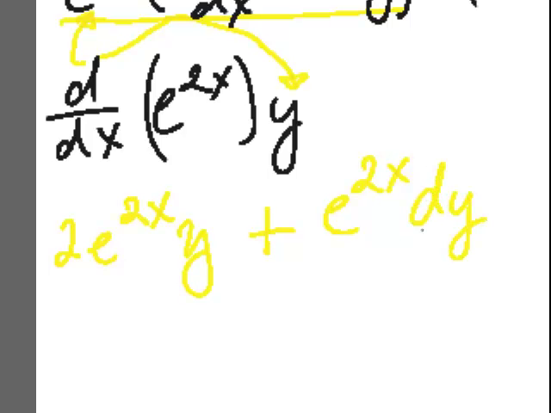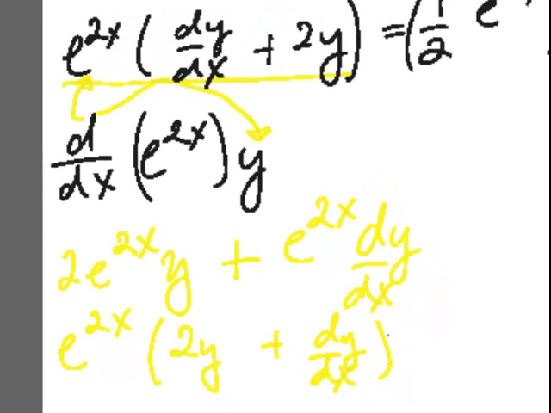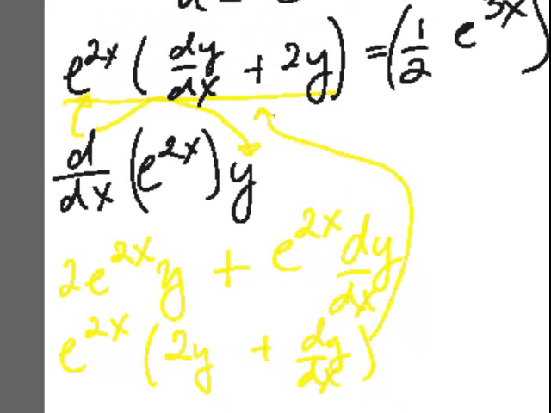Since it's derived with respect to x, we have to put a dy dx there. And you can see if you factor out that e to the 2x that's common to both of those, leaving you 2y plus dy dx, that indeed you have that staring you in the face right there.